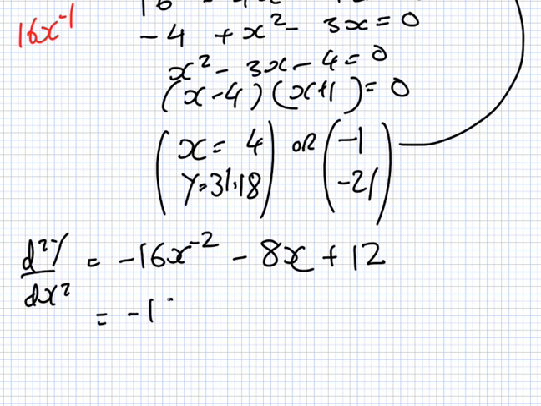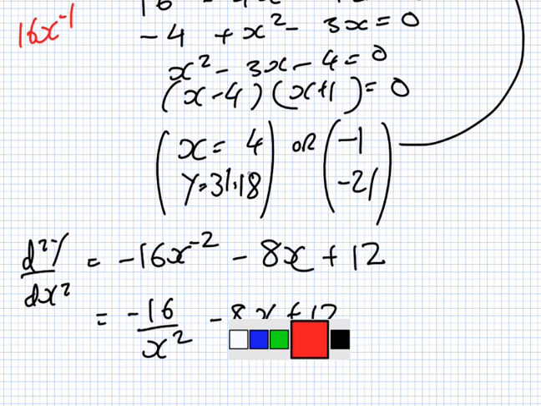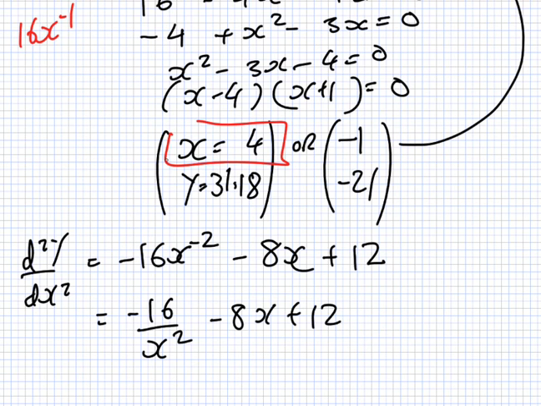Minus 16 over x squared minus 8x plus 12. So let me put the 4 in first. If I put the 4 in here, I get minus 1 minus 32 is minus 33 plus 12 is minus 21, is it?